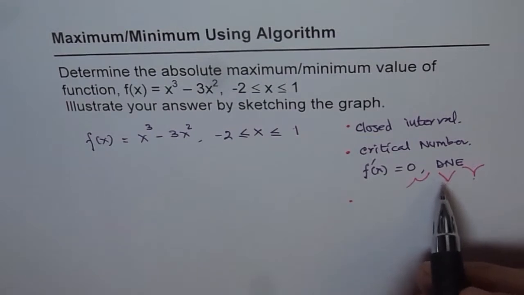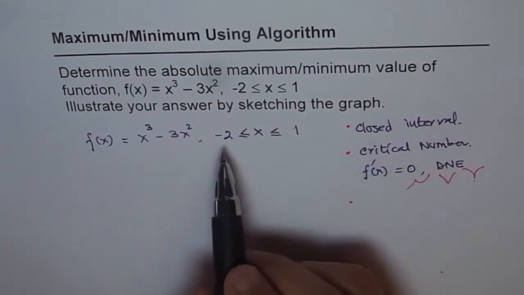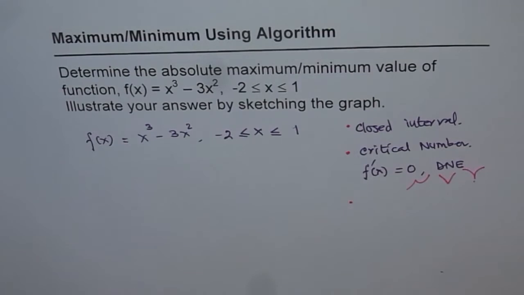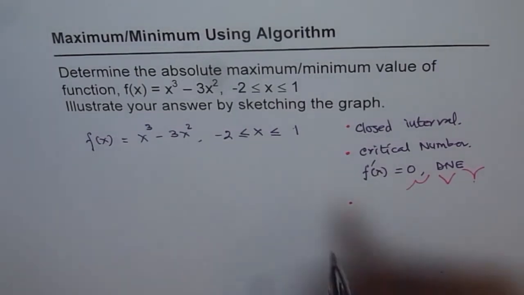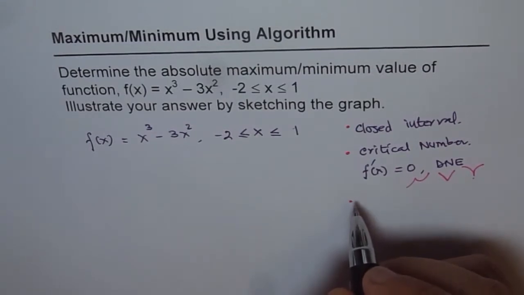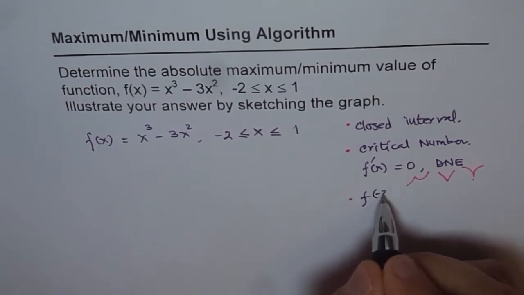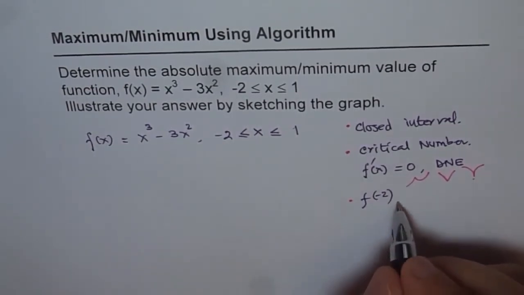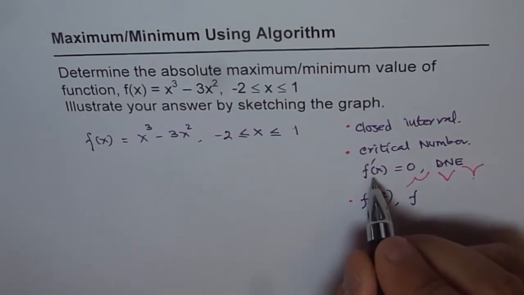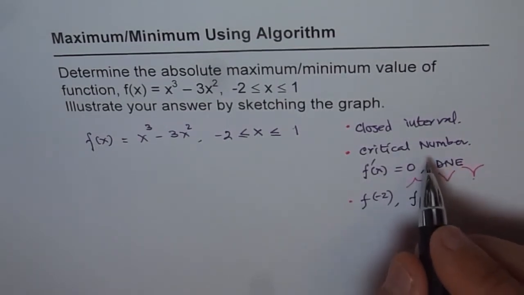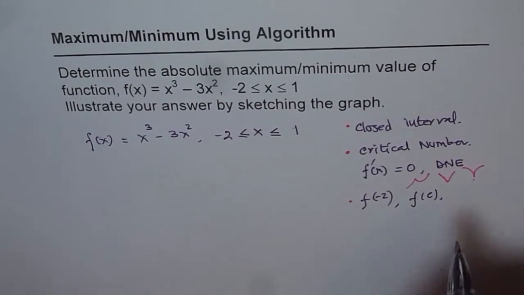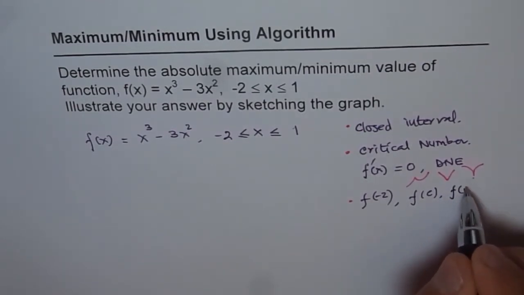Now in a closed interval like this, there will be an absolute maximum or minimum at either f of minus 2, the lower bound, or at f of the critical point, let me call this critical number c, f of c, or at f of 1.